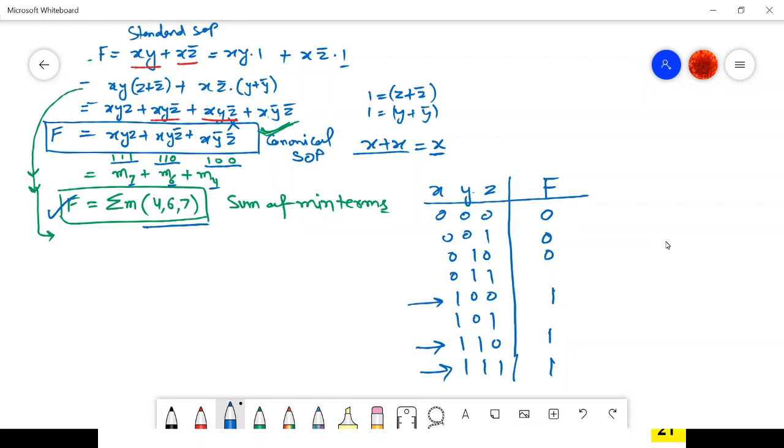So the function is telling you the minterms present in it. The 0 means missing minterms there. Are you getting the point? Okay. So for example, if you know this truth table, can you easily find the function or not?